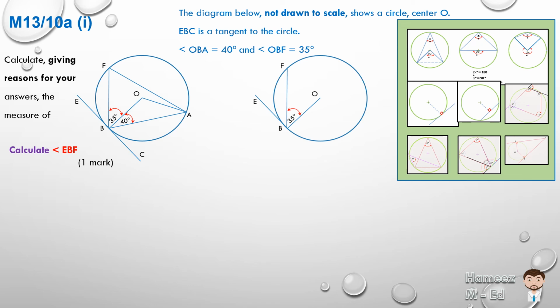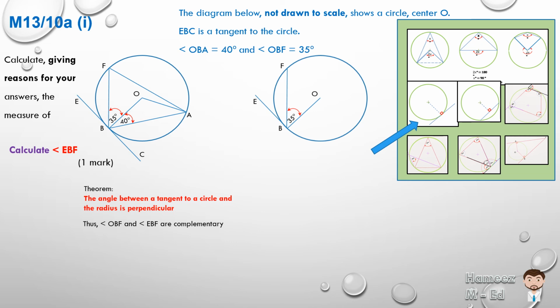And we look at the list of rules on the right-hand side, the diagrams, to help us. Then we see the fourth diagram has a tangent making a perpendicular or 90-degree angle with the radius. And that's the same situation here. So we can see that the angle between a tangent to a circle and the radius is perpendicular.